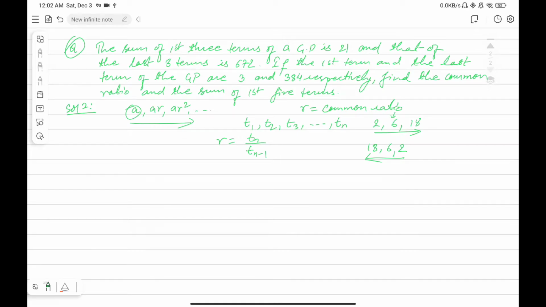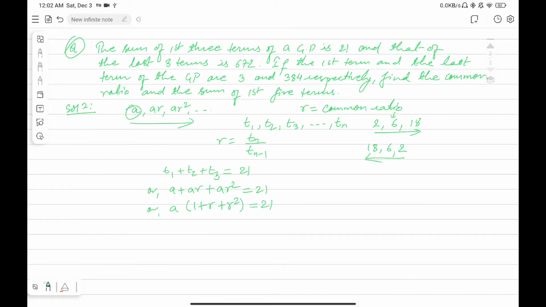The question has given us the sum of first three terms. So we'll consider that the first term is A and the common ratio is R. According to the question, the sum of first three terms means T1 plus T2 plus T3, which is equal to 21. So we can write A plus AR plus AR square equals 21. Taking A common, A times (1 plus R square) equals 21.